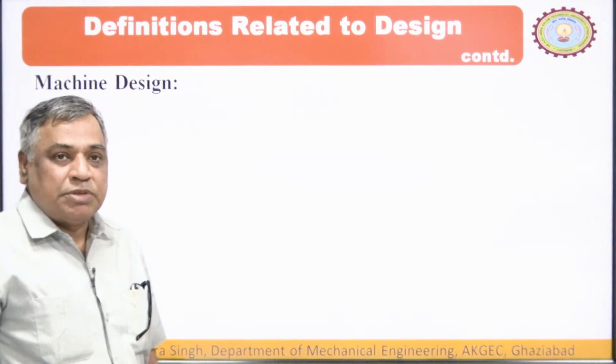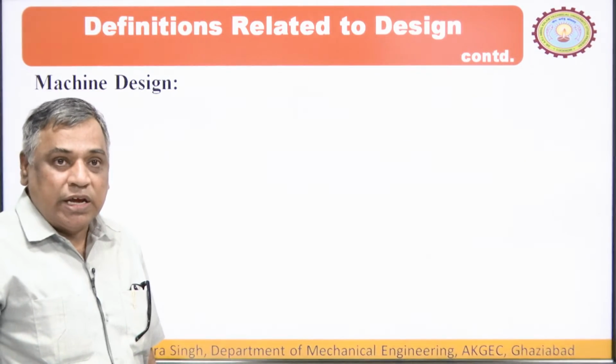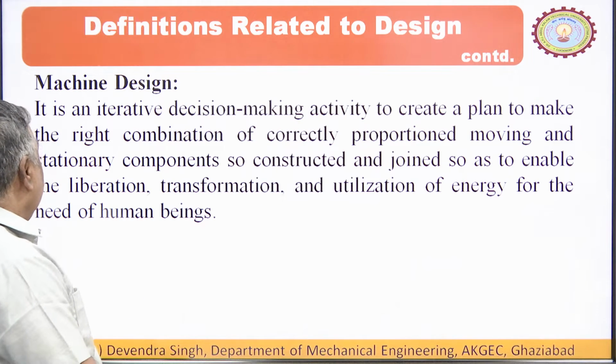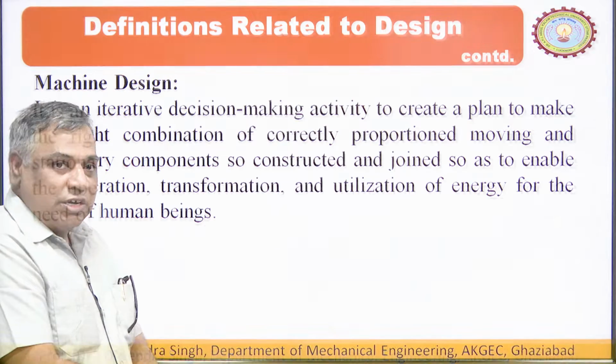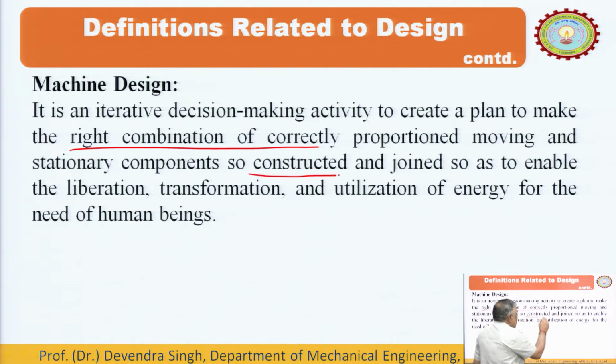Then the next step is machine design. This is the part of mechanical design in which we design the various elements of the machine. Again we can define it as an iterative decision making activity to create a plan to make a right combination of correctly proportioned moving and stationary components, constructed and joined so as to enable the liberation, transformation and utilization of energy for the need of human beings.